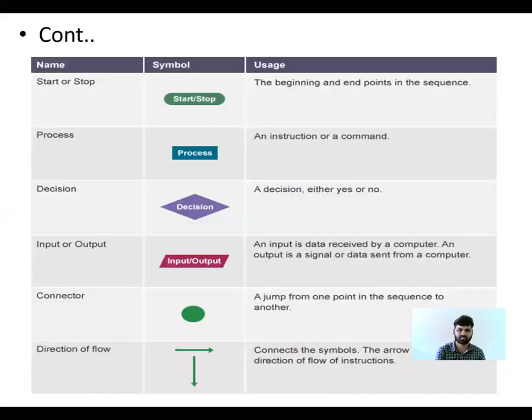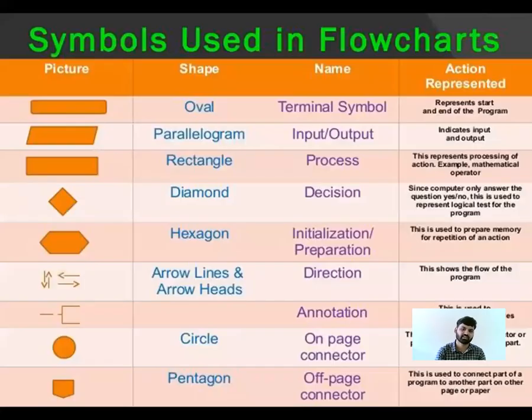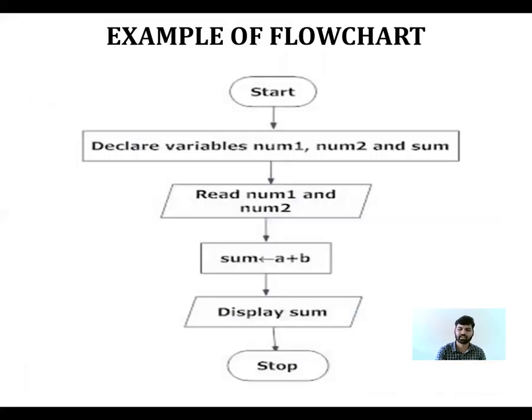This is also related to the symbols of flowchart: start, process, decision, input, output, connector, and flow line. Those repeated slides are there. This is the example of your flowchart. First one is start, that is the oval shape.